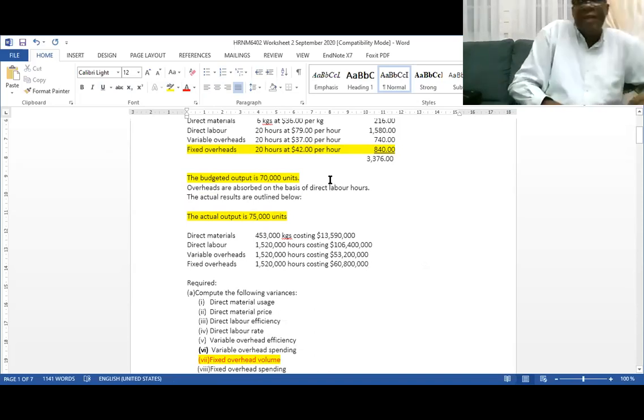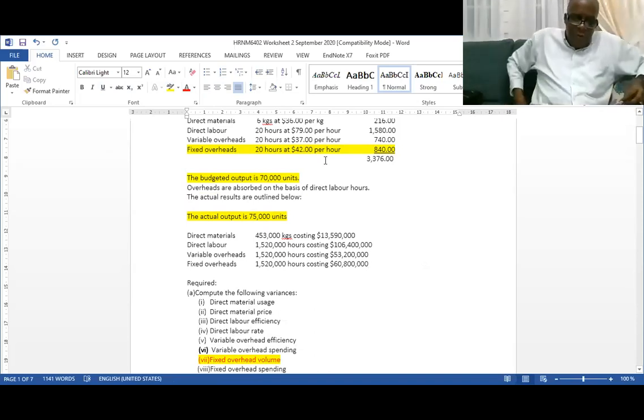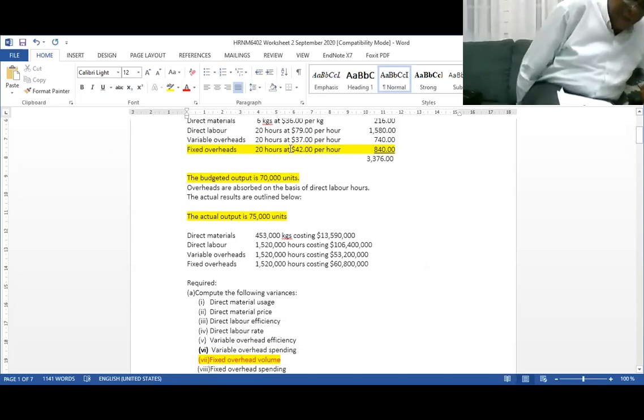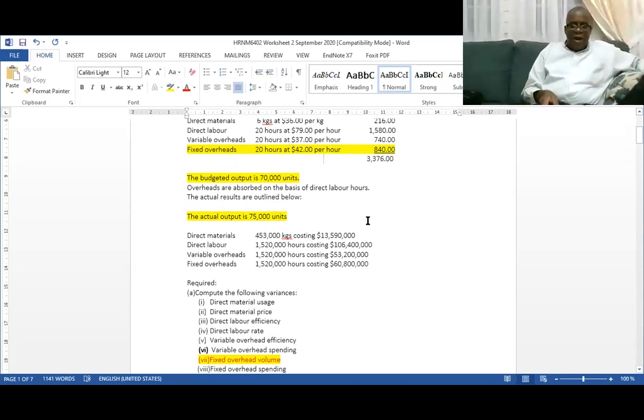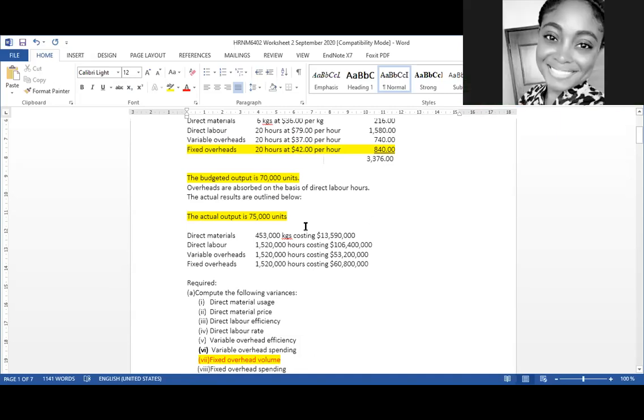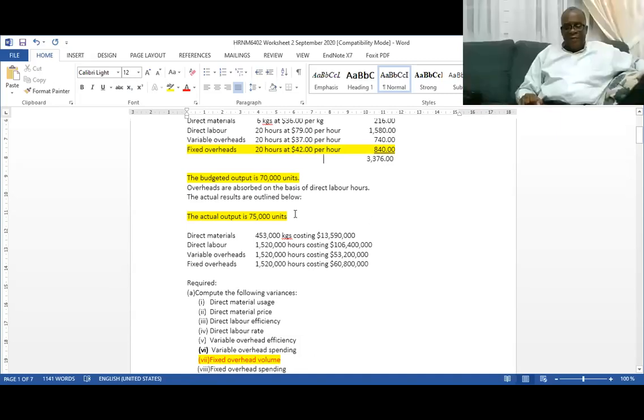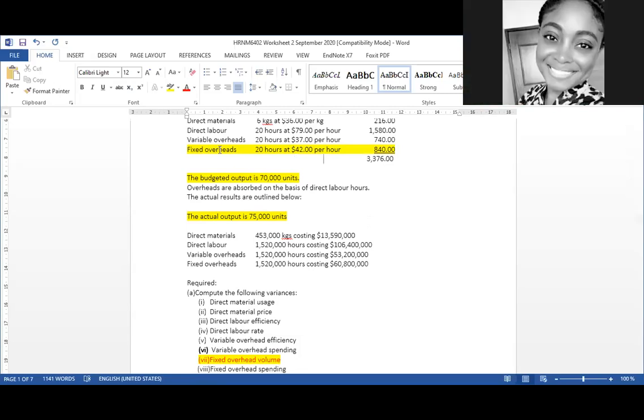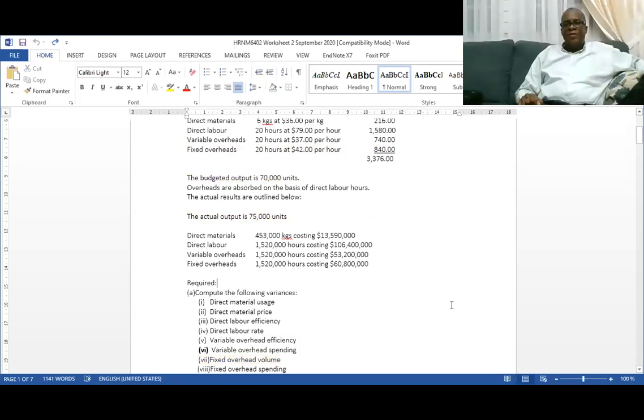Before we do the actual maths of it though, will this variance be favorable or adverse? Favorable. Why is it going to be favorable? Sir, because what you've actually produced is greater than what you expect. That is correct.